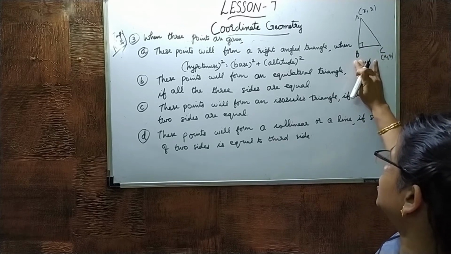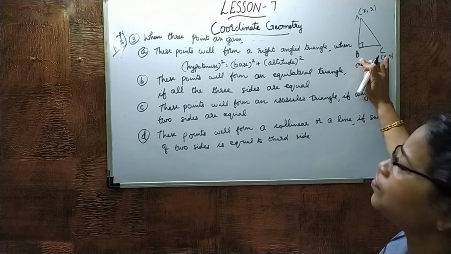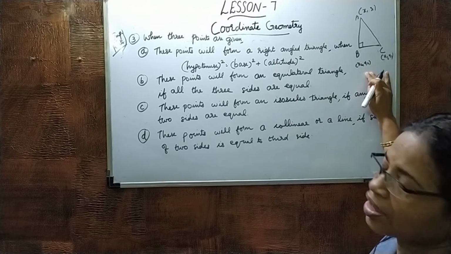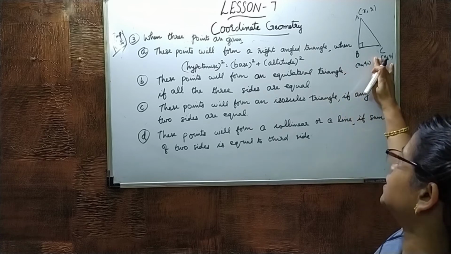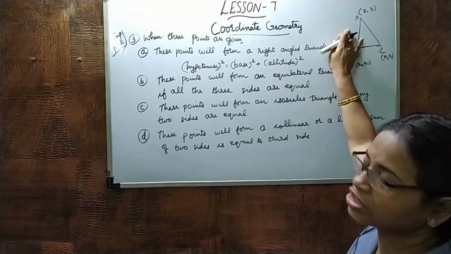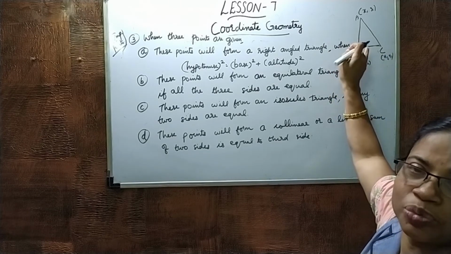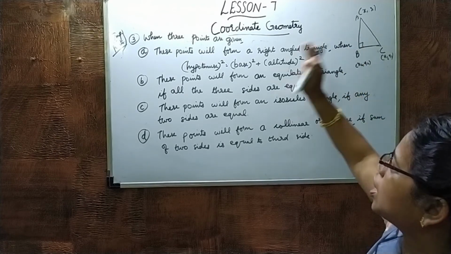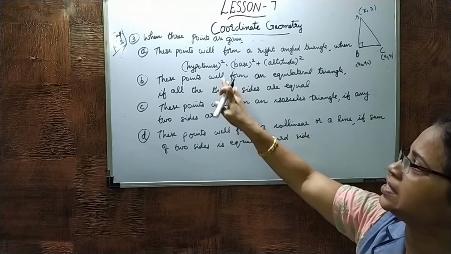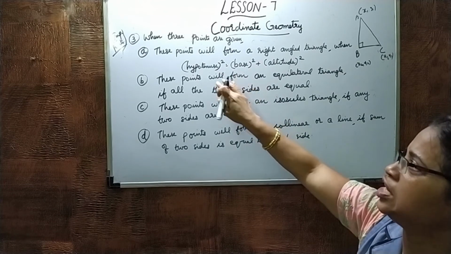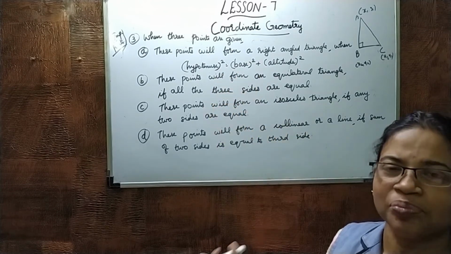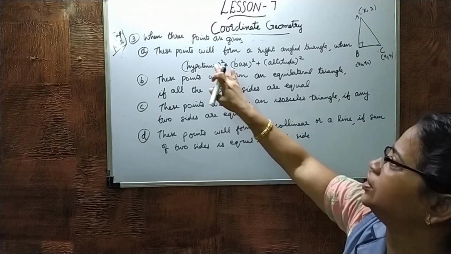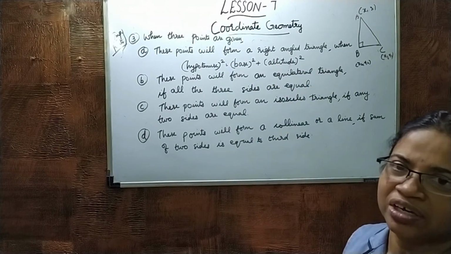Then for the base, take root of, here make it as x1, y1, here make it as x2, y2, and find the answer for this. For the altitude also you have to find root of (x2 minus x1) the whole square plus (y2 minus y1) the whole square. Then you have to apply in this. If both sides are equal, we can say they form a right angle triangle.